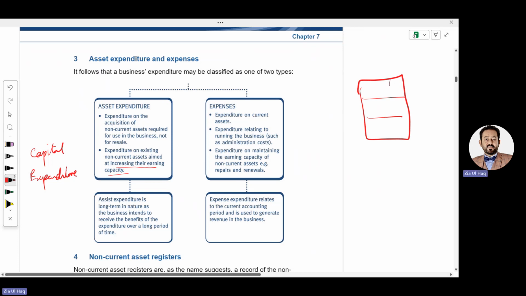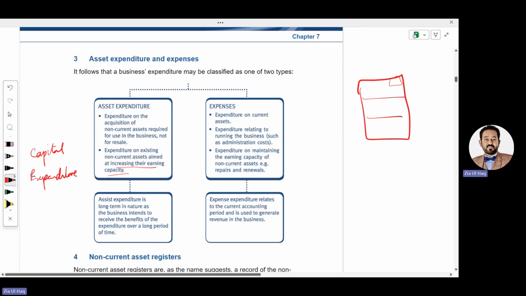If one of the doors got damaged, we are going to repair that door. Should we capitalize that door repair cost or expense it out? Expense out, because this door repair cost will not enhance productive capacity, meaning income or revenue.